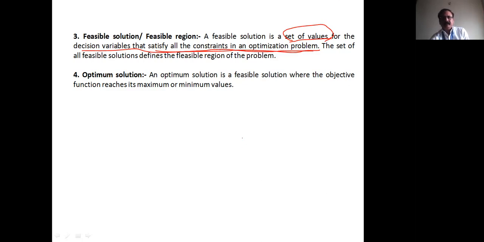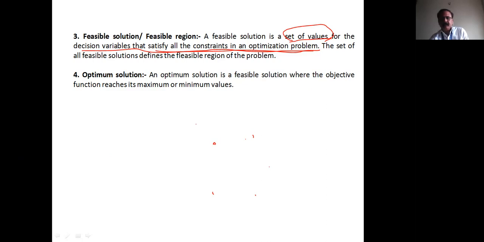Suppose for a problem, the number of solutions is 5: 1, 2, 3, 4, and 5. The set of all these values is nothing but the feasible solution, and all these values must satisfy the constraint equation.